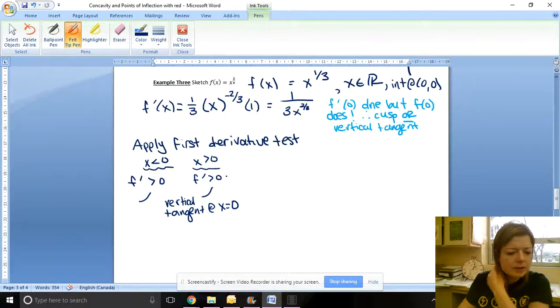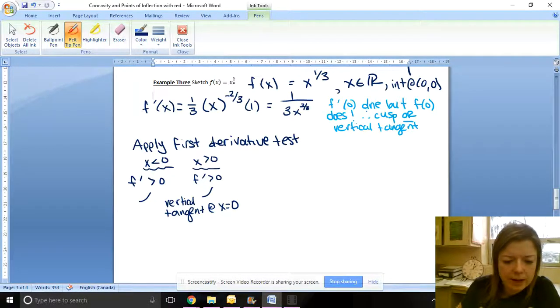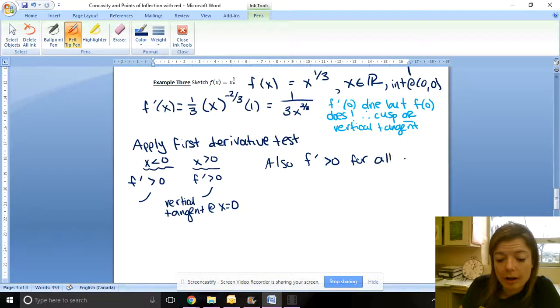We also see that f prime is positive for all x in the domain. So therefore, what does this tell us? This tells us that f is always increasing.